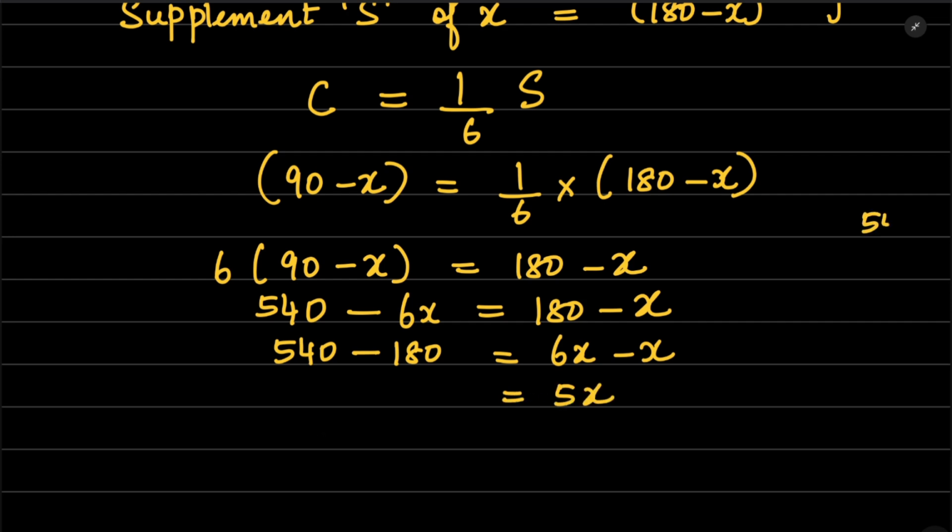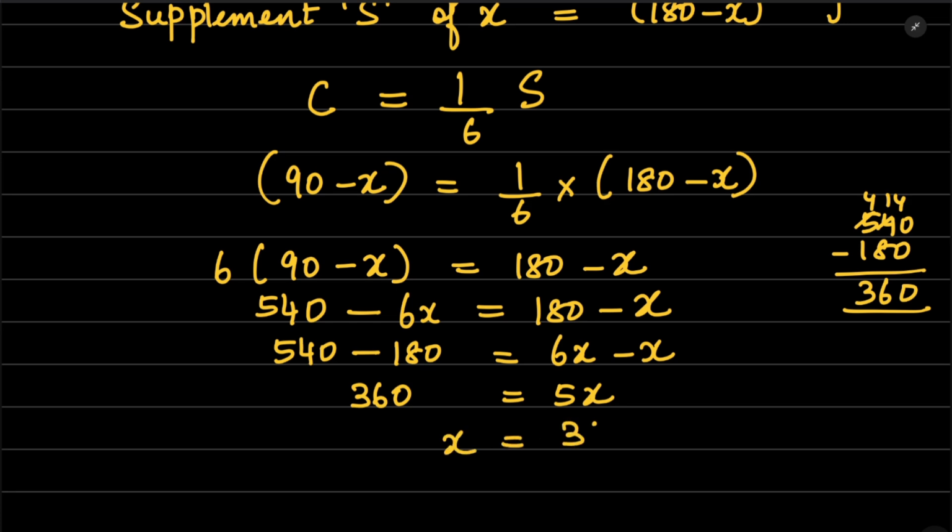And what is 540 minus 180? 360, right? So you have 360 is the difference, equal to 5x. So x is equal to 360 divided by 5. Okay, so you have 5 sevens are 35, 5 twos are 10. X is nothing but your 72 degree.